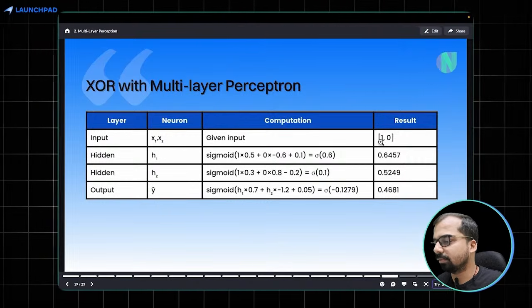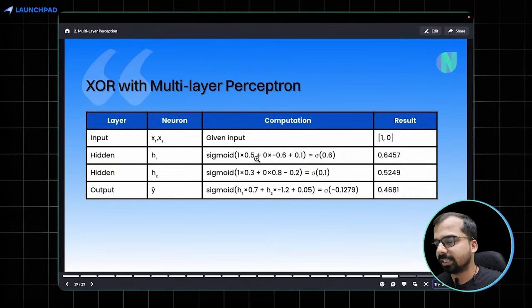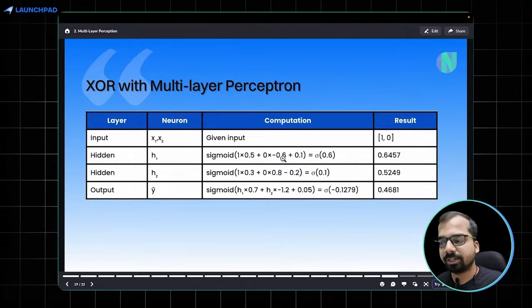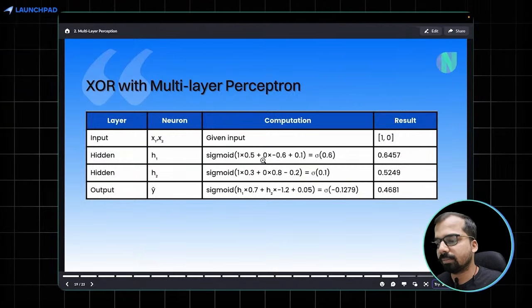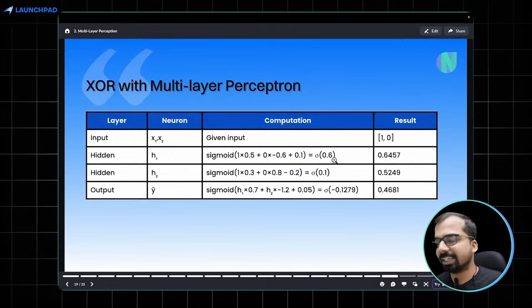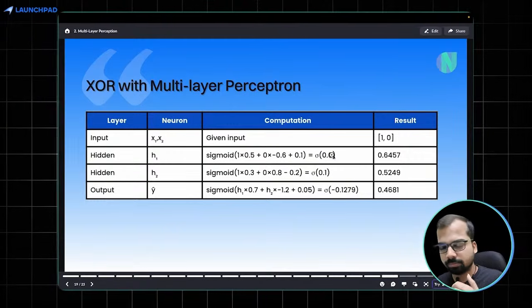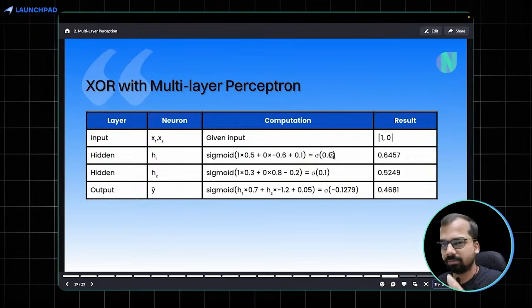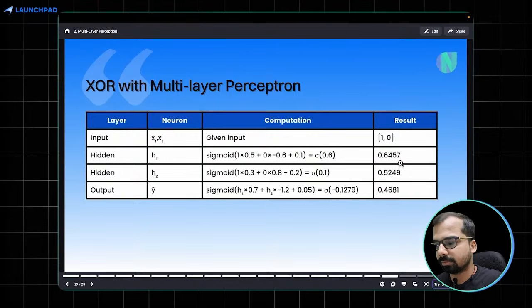And let's say the input was 1, 0, right? So for H1, let's assume 0.5 and minus 0.6 were the weights and bias was 0.1. So we will do the weighted sum and apply the sigmoid activation function. That also converts any number into between 0 to 1, something like probability. And we got some value 0.64.